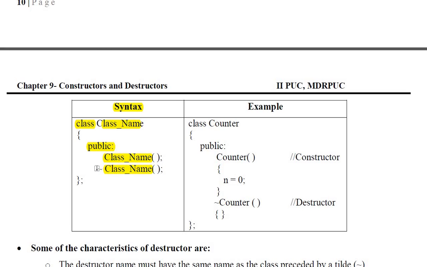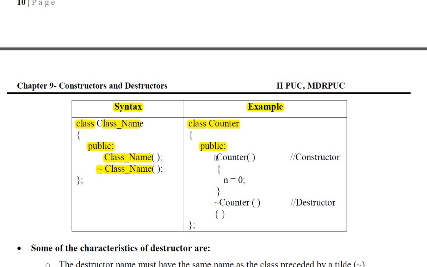Why? Because here a tilde symbol is used with this name. When this symbol is used with a function name that is the same as the class, then it will become a destructor.